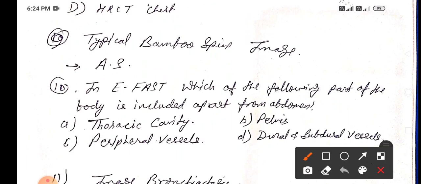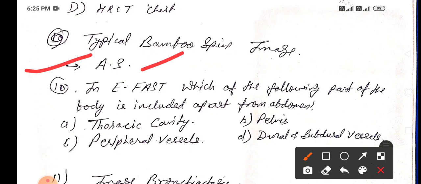An X-ray image of bamboo spine was given. In bamboo spine, if you see the image, you have to answer ankylosing spondylitis. In E-FAST, which of the following parts of the body is included apart from the abdomen?